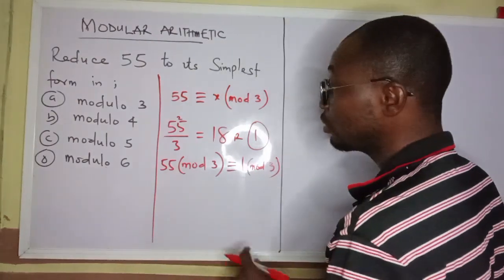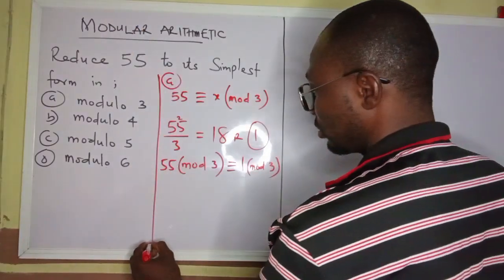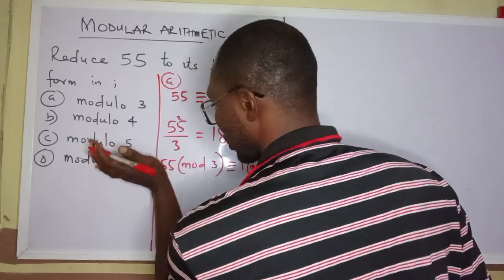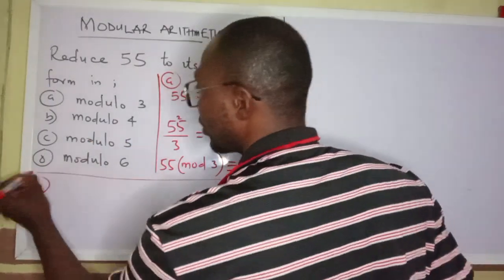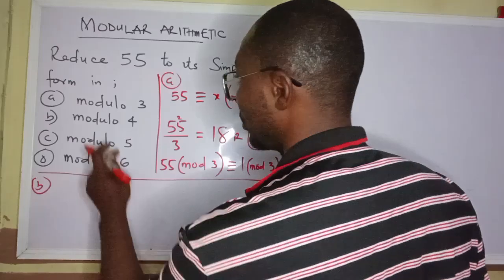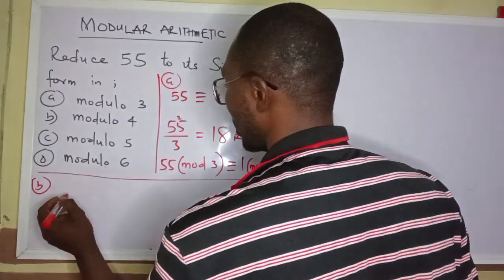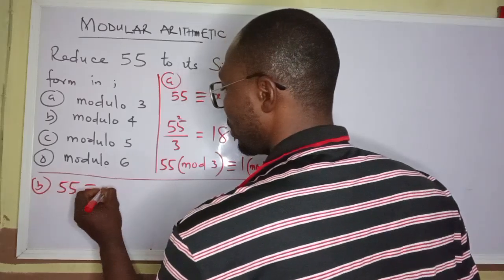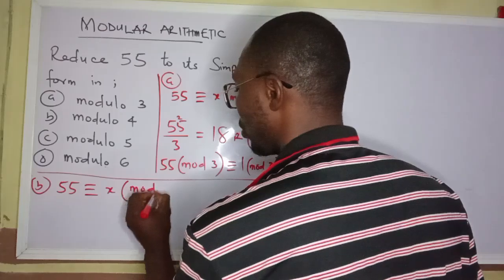Alright? So now that's the first question. Now the second question, B, we have 55 in modulo 4. That is, 55 is equivalent to a particular number x in modulo 4.